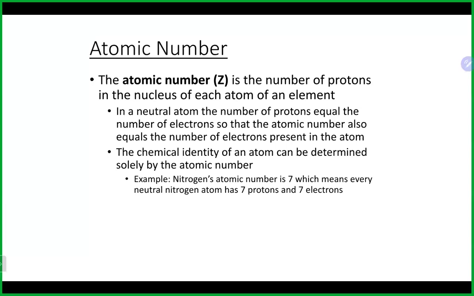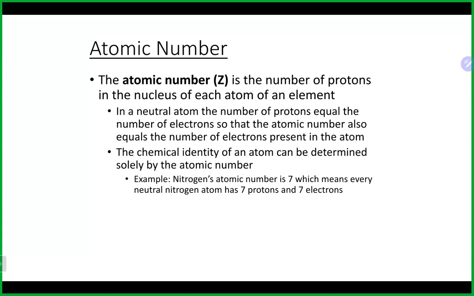So one important definition is the atomic number, sometimes abbreviated with a Z. The definition of the atomic number is the number of protons in an atom. So the number of protons in the nucleus of an atom is the definition of the atomic number.